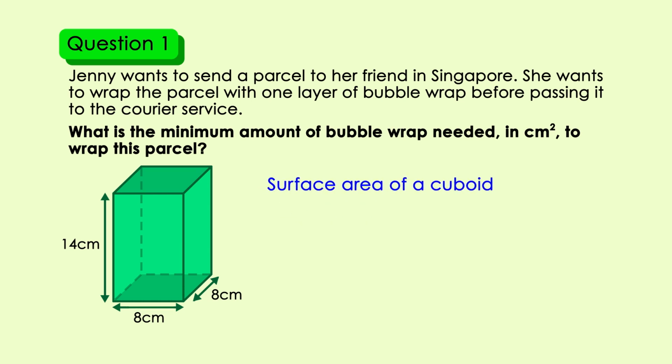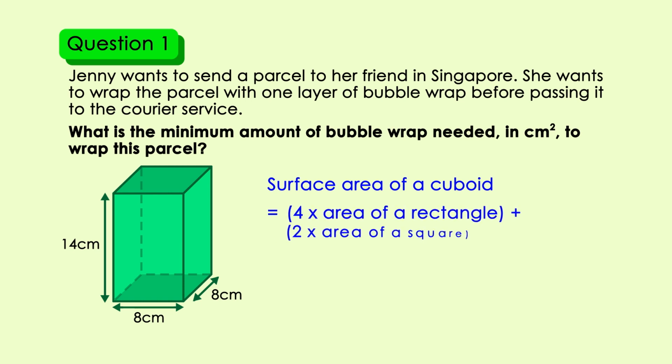To calculate the surface area of a cuboid, 4 multiplied by the area of a rectangle, add 2 multiplied by the area of a square. The area of the rectangle is 14 centimeters times 8 centimeters, whereas the area of the square is 8 centimeters times 8 centimeters.